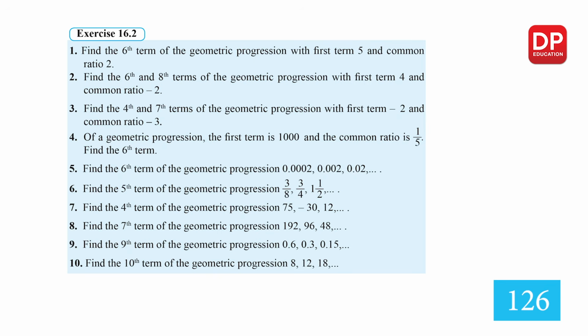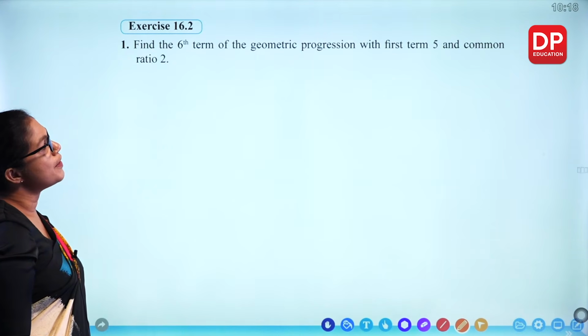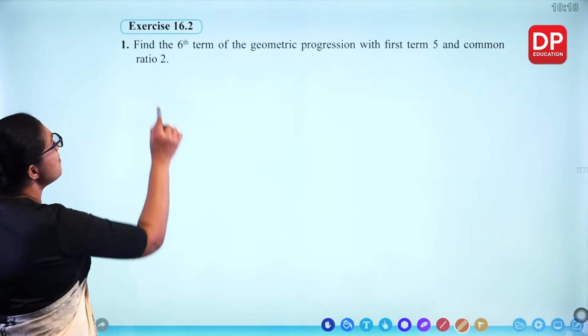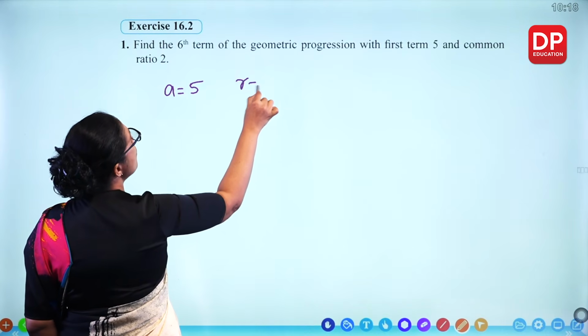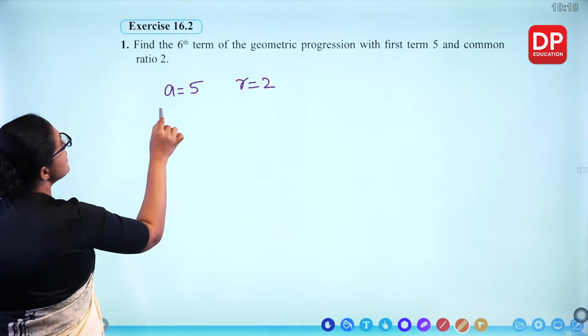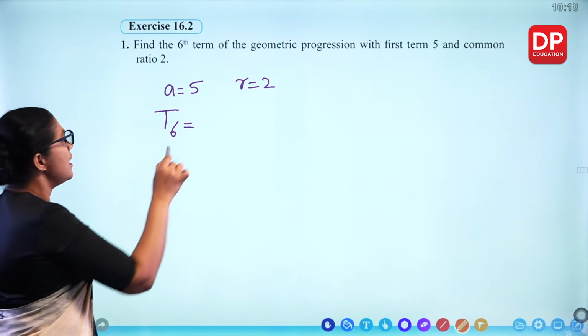Exercise 16.2. Question number 1. Find the sixth term of the geometric progression with first term is 5 and common ratio is 2. Sixth term, T6. Apply the formula.